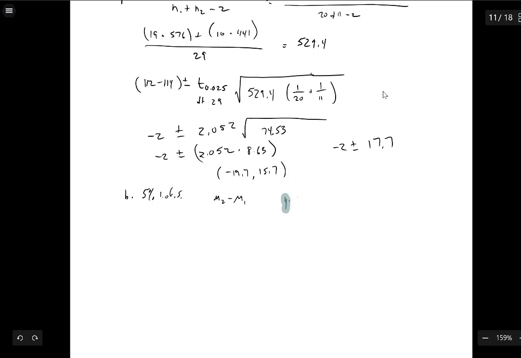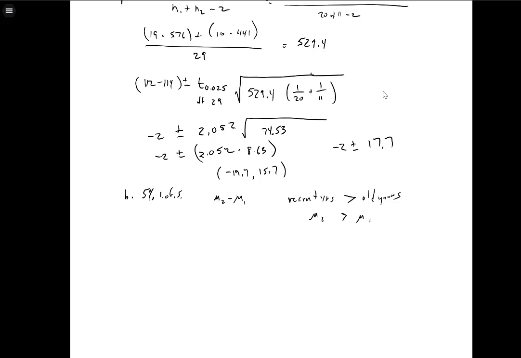So if recent years has more rushing than old years, that means our mu2 is going to be greater than our mu1. So the difference, mu2 minus mu1, would be positive if I look at it that way.